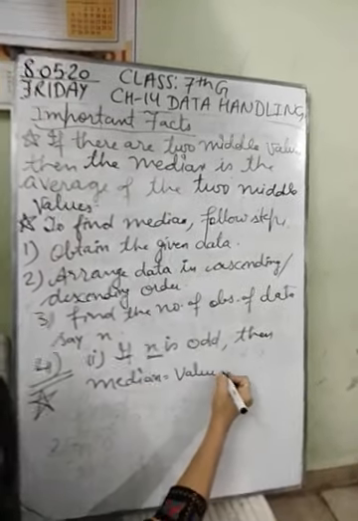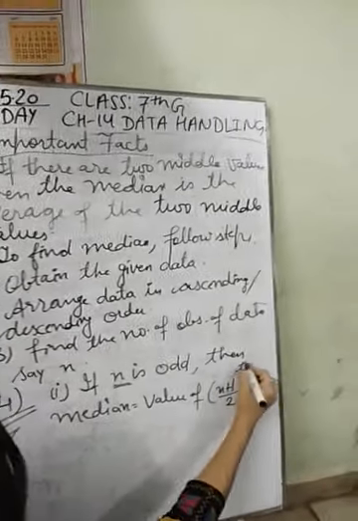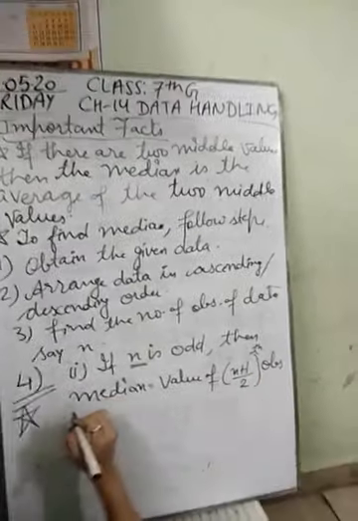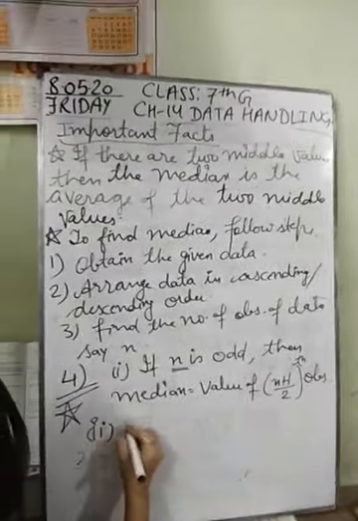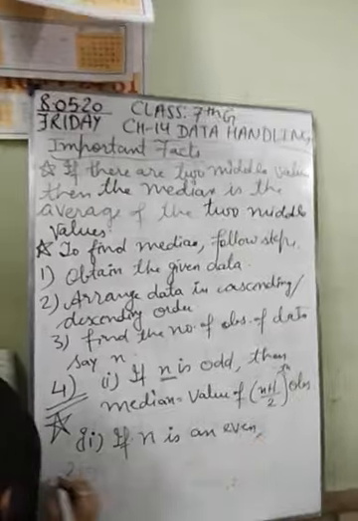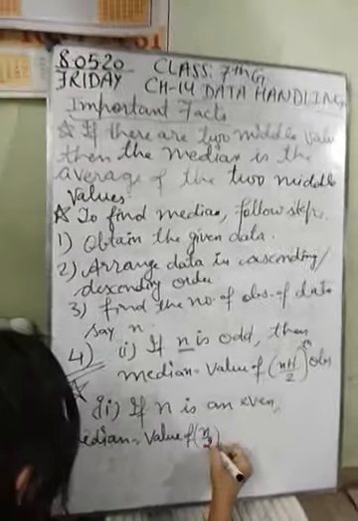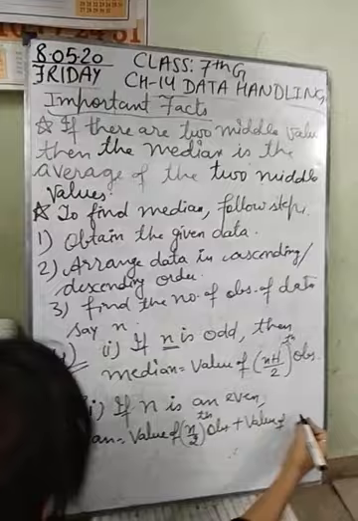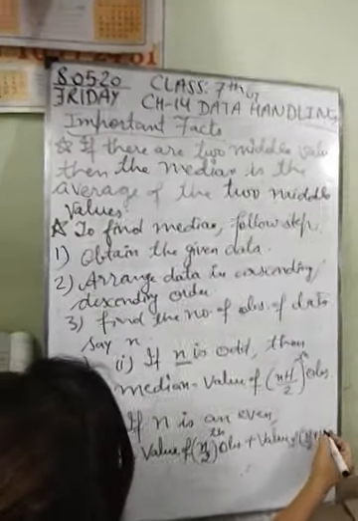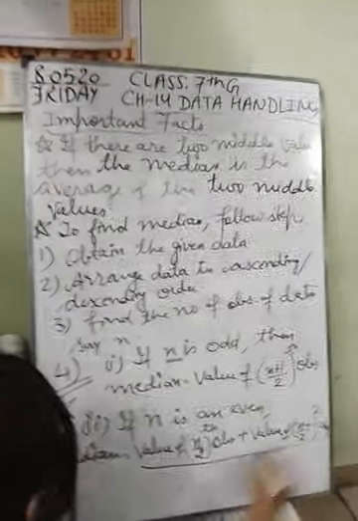The value of the (n plus 1) divided by 2 th observation. And if n is an even number, then what is the formula of finding median? You should write the value of the n by 2 th observation plus the value of the (n by 2 plus 1) th observation, divided by 2.